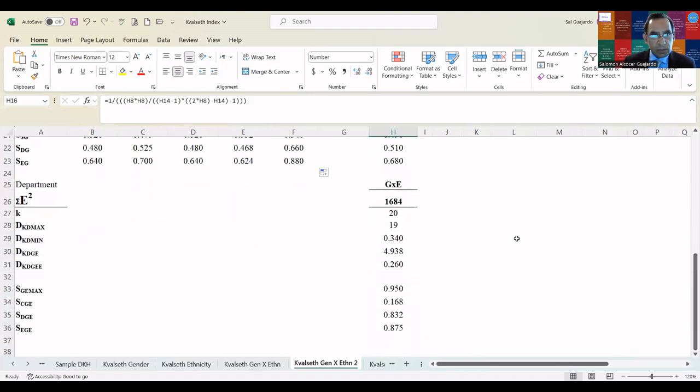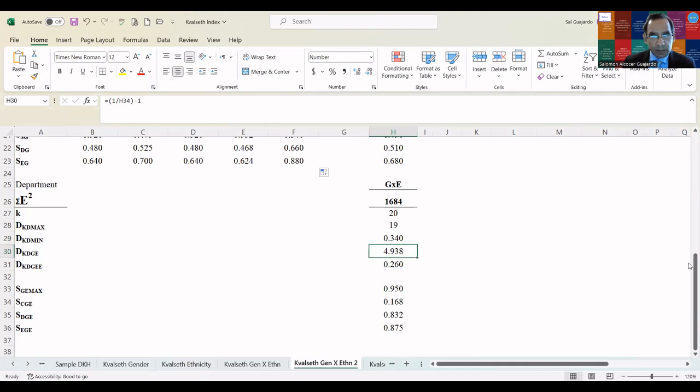I also looked at gender by ethnicity. So rather than looking at the rows, I looked at the contingency table. Again, there are 20 groups. To get the maximum value for the Kvalseth, it's going to be 20 minus 1, so that's 19. So 19 is the maximum value for the Kvalseth homogeneity index. I have the formula for the minimum value.